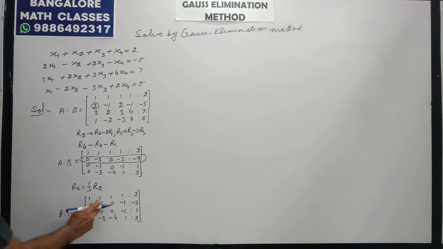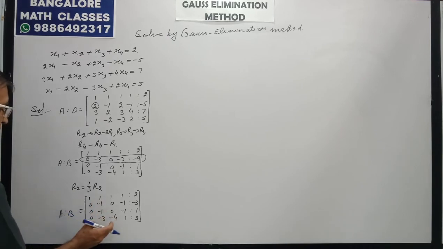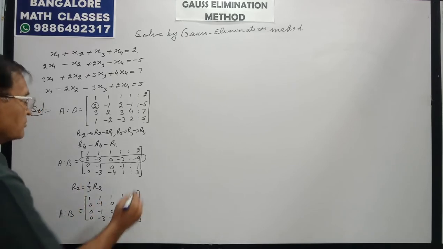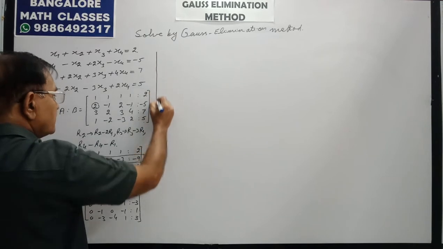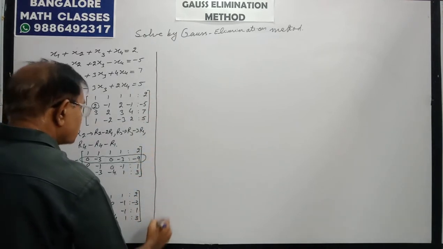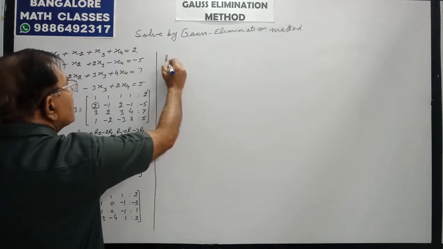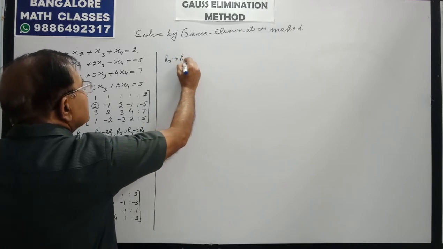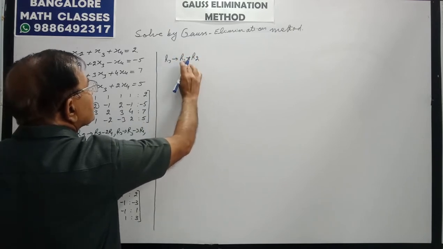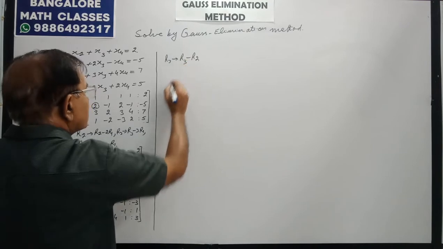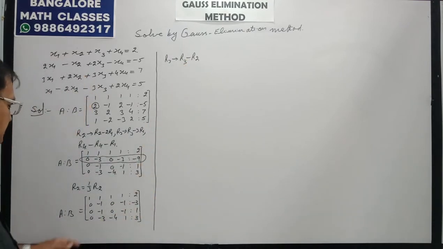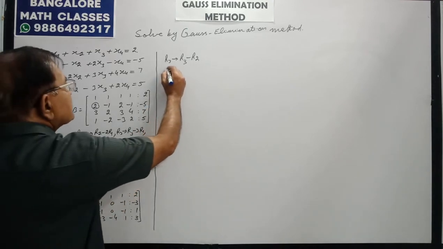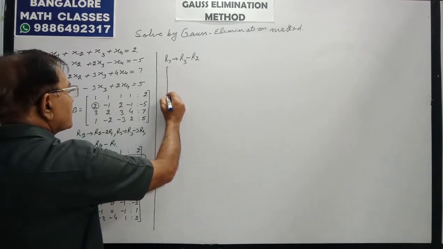Now I want to make 0 here. It's quite simple. Just subtract the 2. R3 to R3 minus R2. It means silent about R1 and R2.